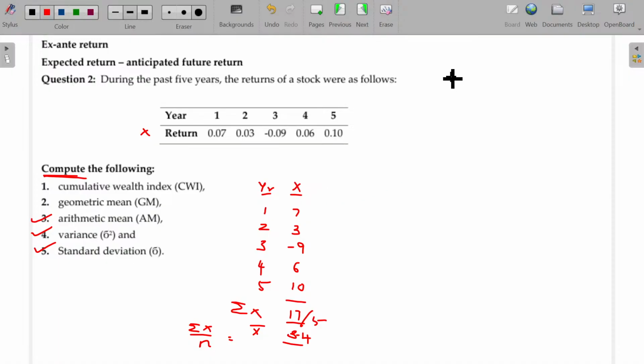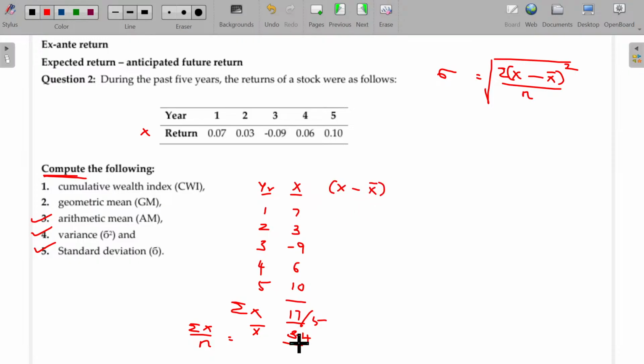Now I have to find out the standard deviation. For the standard deviation, the formula being x minus x bar, or mean, to the power 2, take the summation and divide by n minus 1 or simply n, and finally take the root of this. So I have to find out the x minus x bar first of all, and then take the square of that.